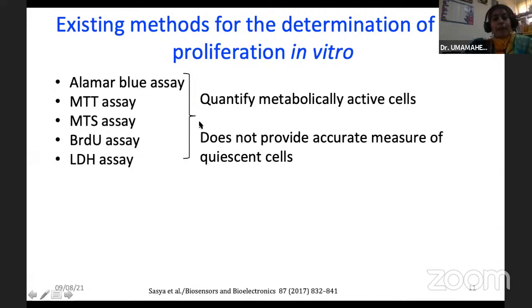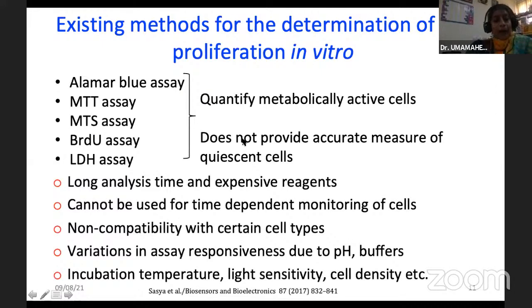These are based on the presence of an enzyme which is produced in metabolically active cells. So if there are quiescent cells, then these are not going to be that accurate. And apart from that, these reagents that are added are quite expensive, and we need some incubation time and so on. It's not extremely long, but definitely there is more analysis time involved.